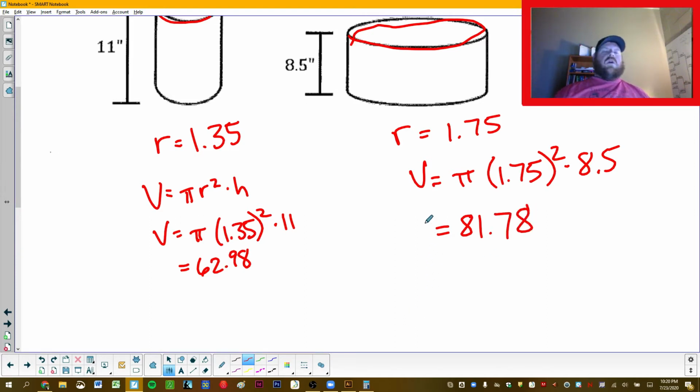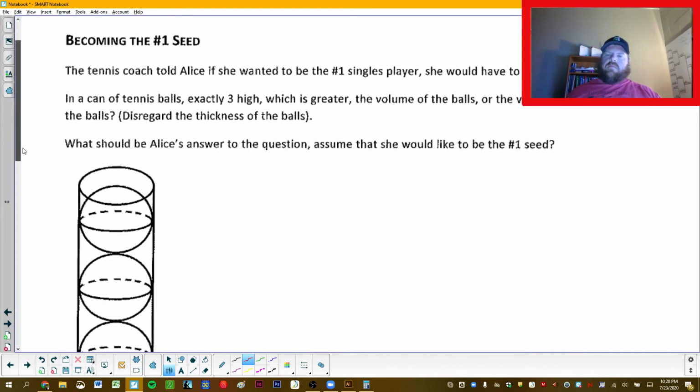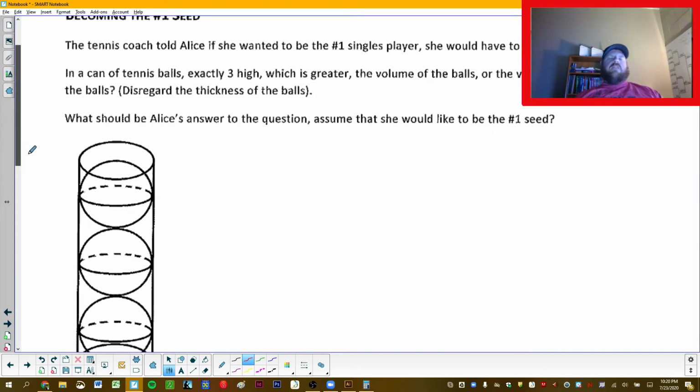Okay, so the one on the short and wide cylinder holds more. Okay, for the next one, more volume stuff, which is good.